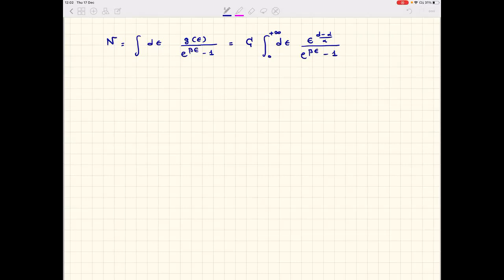So now, where can the integral be divergent? For which values of epsilon can the integral be divergent?